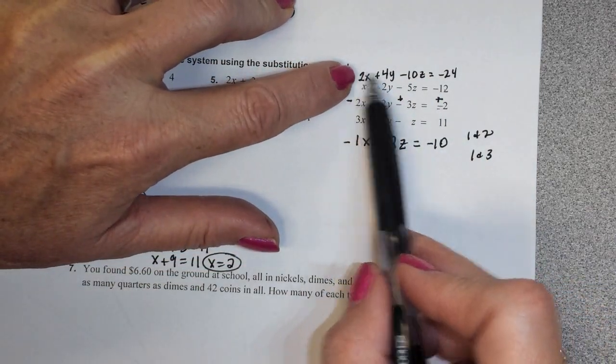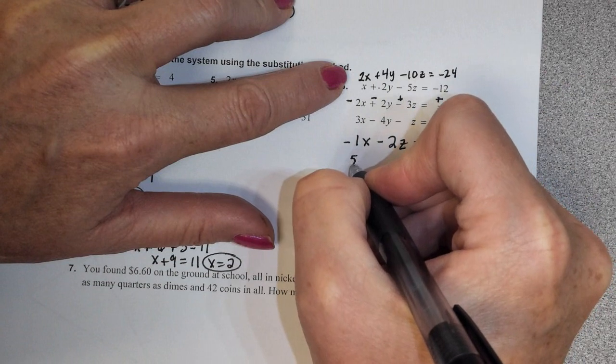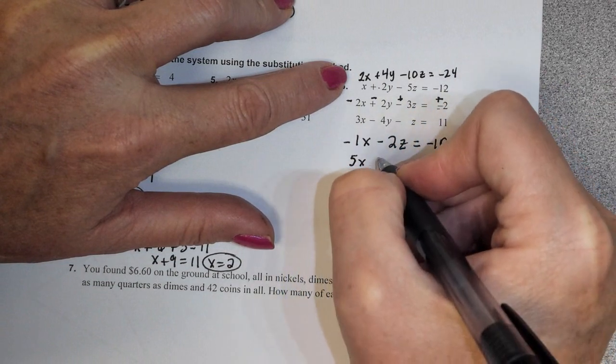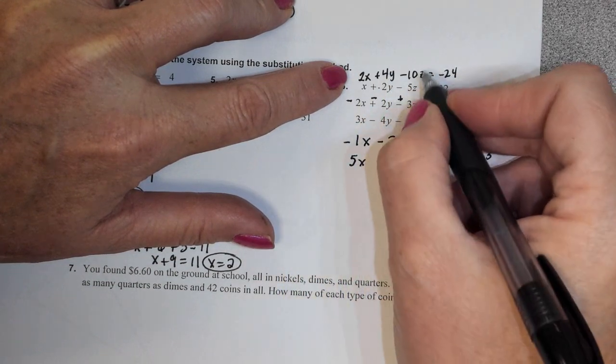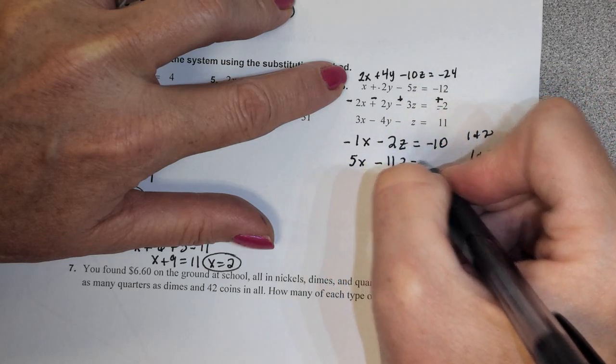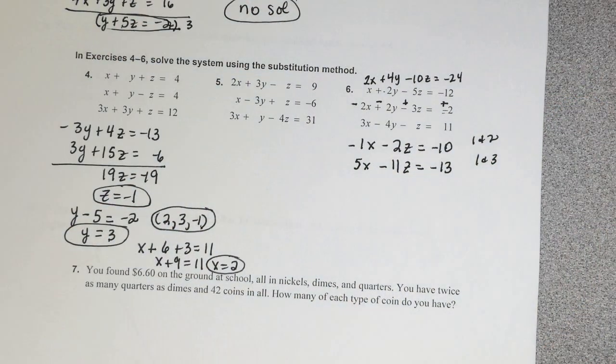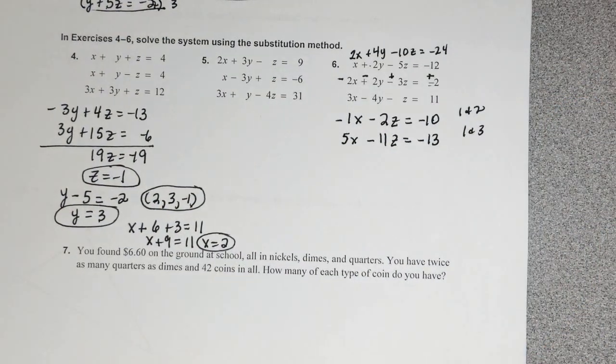Okay, so now I'm going to do 1, my new 1, and my 3. So I'm going to have 5x. Y's are going to cancel. Minus 11z equals negative 13. All right, so now what is my only option here that's going to be a pretty quick thing to do?